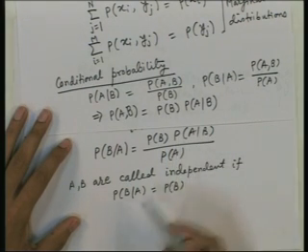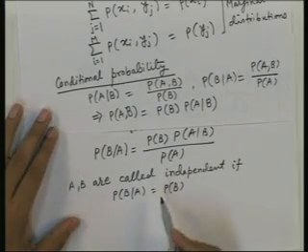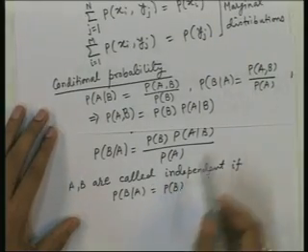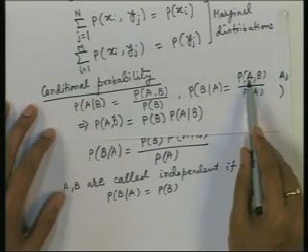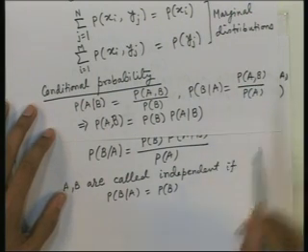So, that is equivalent. Now, on the other hand, if we put here this equal to PB, what do we get? We get PAB equal to PA times PB.